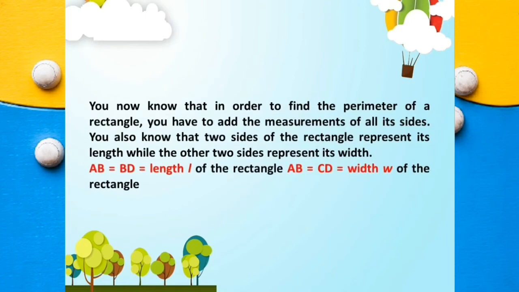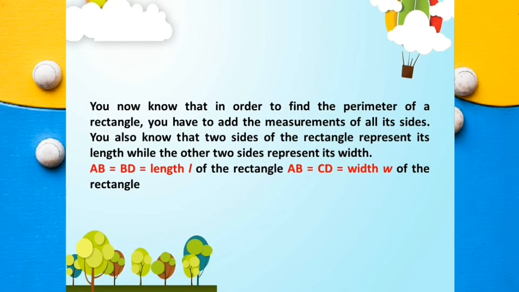So, you now know that in order to find the perimeter of a rectangle, you have to add the measurements of all its sides. You also know that two sides of a rectangle represent its length, while the other two sides represent its width. We have AC equal to BD equal to length, which is L of the rectangle. AB equal to CD equal to width. So, that's W of the rectangle.